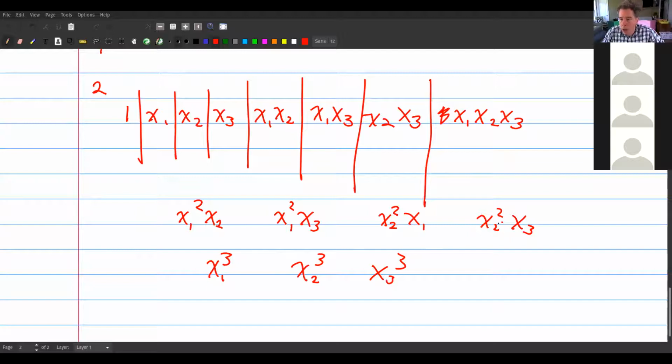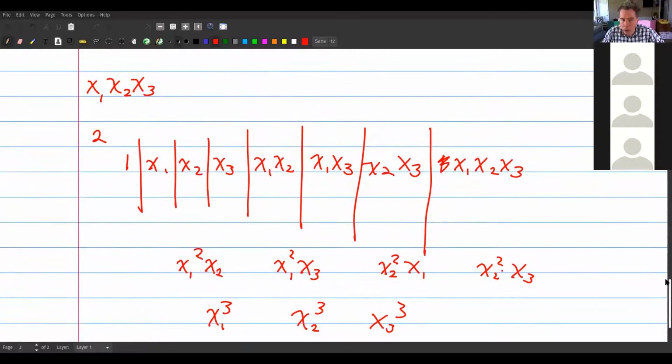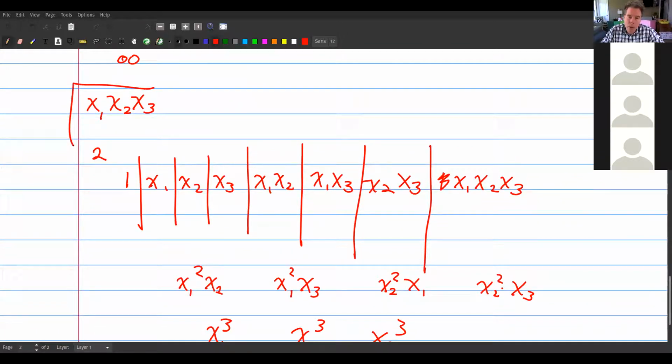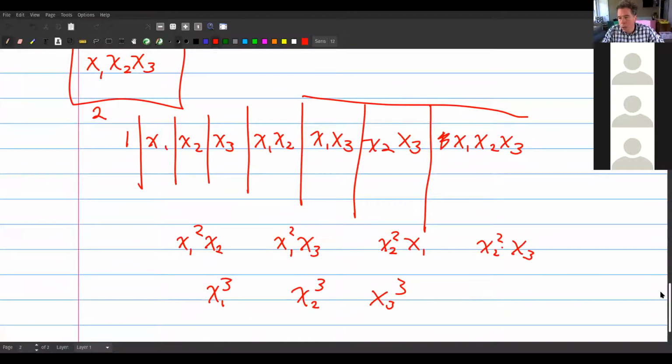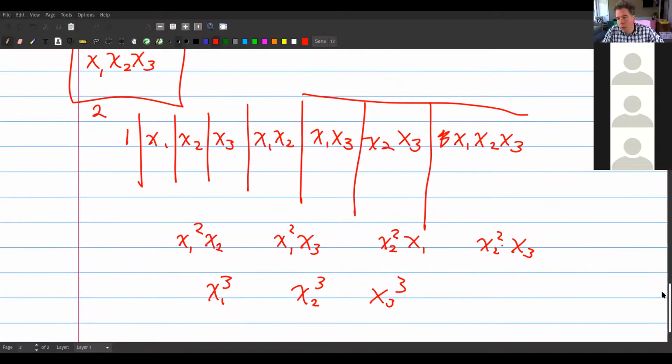So how many columns is that? The columns just exploded. I started out with a data set that had 3 columns plus a bias column. And now I have like 1, 2, 3, 4, 5, 6, 7, 8, 9, 10, 11, 12, 13, 14, 15 columns. So just be aware of it.